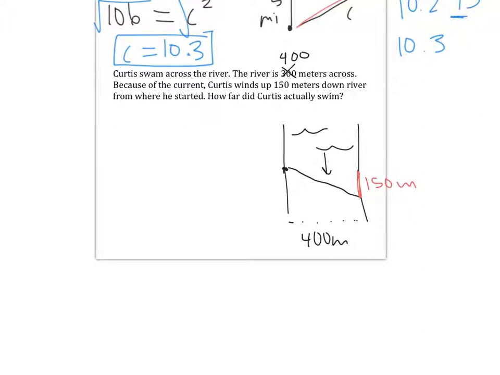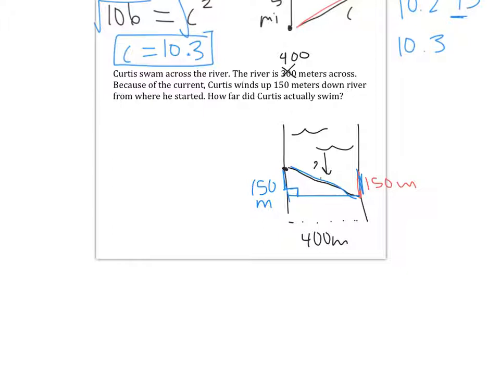Well, we need to figure out how far he actually swam, right? So the distance he covered was 150 meters down the river. So we can make this triangle right here, go across, and assume that this is a right angle. So we have a triangle here in blue, and this distance over here is 150 meters. So we can set this up to figure out the distance he actually swam, right?